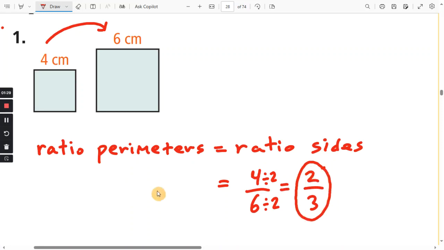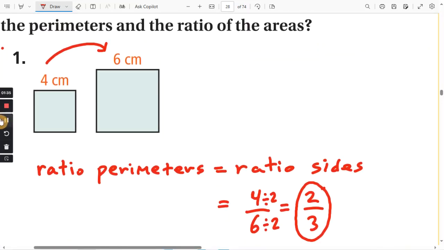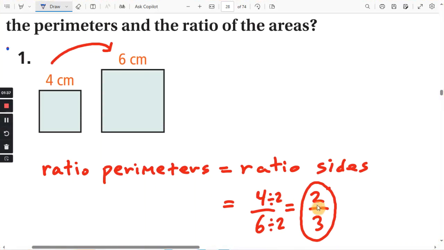So the ratio of the perimeters is 2 over 3. This 2/3 is both the ratio of the perimeters and the ratio of the sides because they're equal. All right, so we got that out of the way.